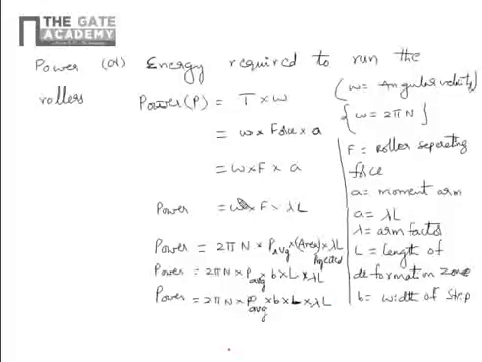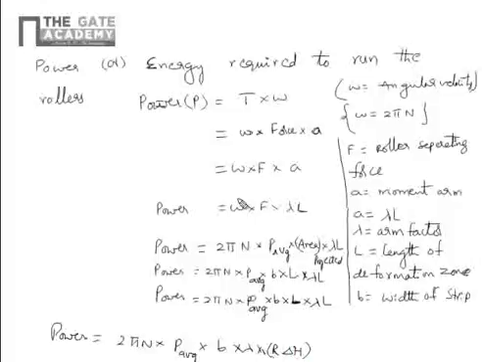Substitute L equal to root R delta H. So the final formula for power equals 2 pi n into P average into B into lambda L square, and L square equals R delta H, because L is root R delta H, the length of the deformation zone.